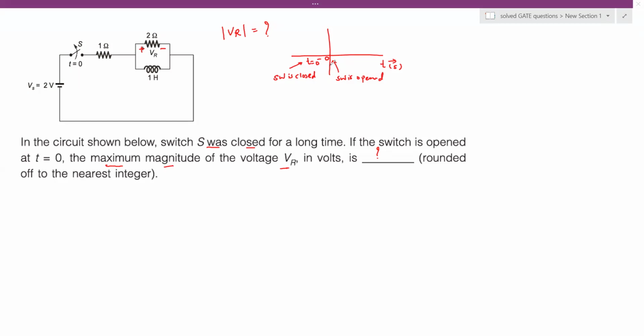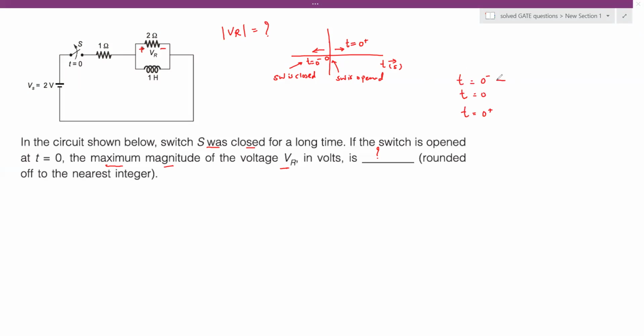So clearly the time to the left of this line is t equal to 0 minus, on the line the time is t equal to 0, and to the right side the time is t equal to 0 plus. So we have three times: t equal to 0, t equal to 0 minus, and t equal to 0 plus.